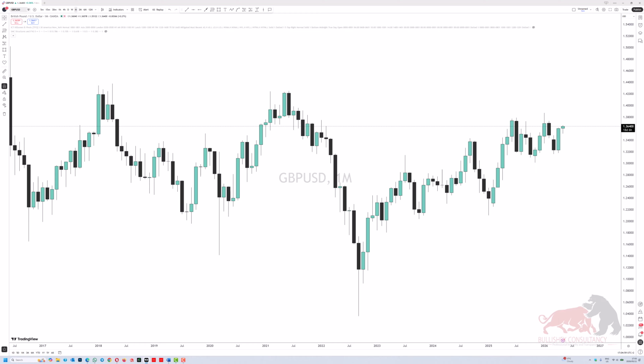So we're going to take a closer look into pound USD and why the pair continues to position itself for further upside moves from both a macroeconomic and a price action perspective, right?